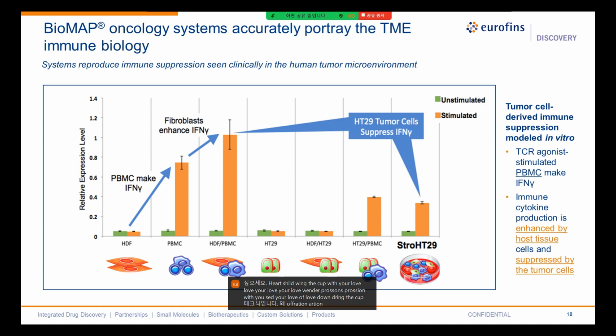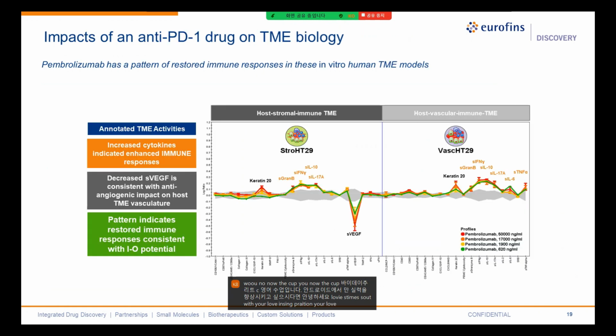But what you'll notice is there's a tremendous suppression by the HT29 tumor cells of the production of interferon gamma. And this is a marker effectively for the suppression of immune surveillance that allows tumor cells to evade that immune surveillance, and is in fact the reason why there has been tremendous success in evaluation in the world of immuno-oncology.